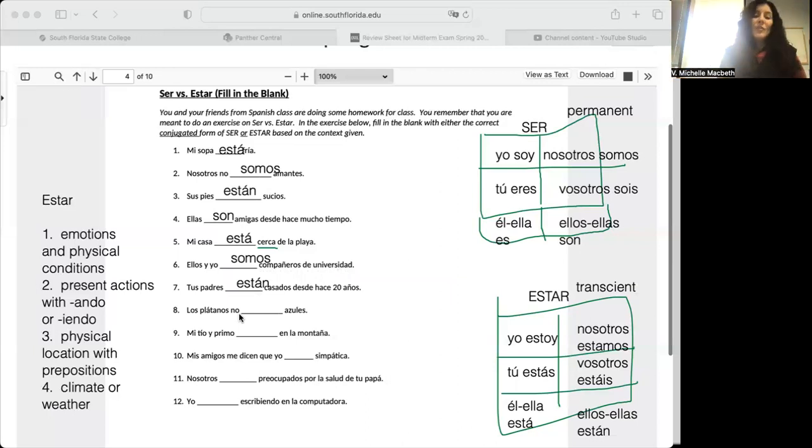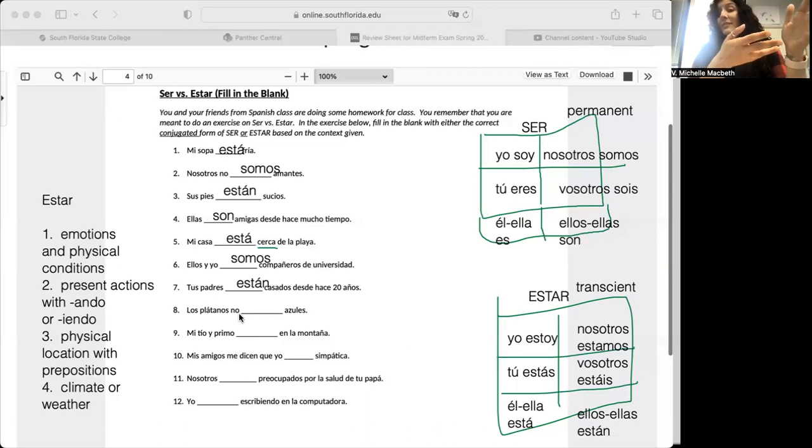Okay. Los plátanos no azules. So this is saying plátanos are not blue, right? So plátanos being blue, is that an emotion or a physical condition? See, here's where things get tricky. It is not a physical condition because can bananas be blue? No. In their natural physical condition, they are not blue. I'm not talking about it being dirty or sick or ripe or any of that.